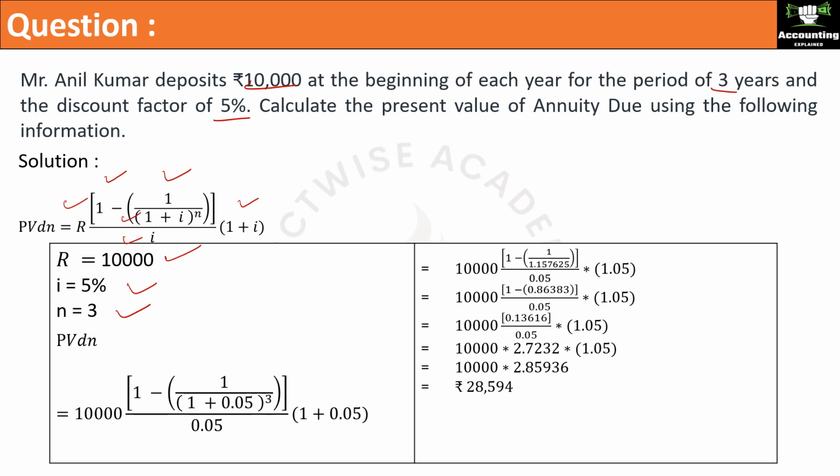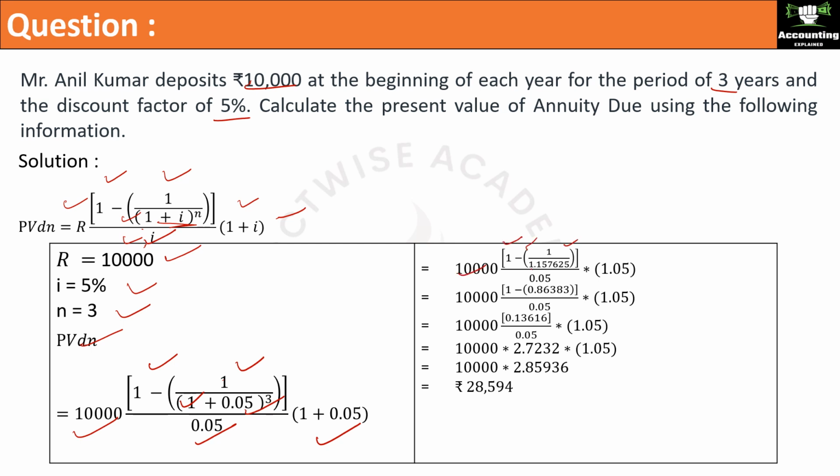So PVD_N is equal to 10,000 into 1 minus 1 divided by (1 plus 0.05) to the whole power 3, divided by 0.05, into (1 plus 0.05).